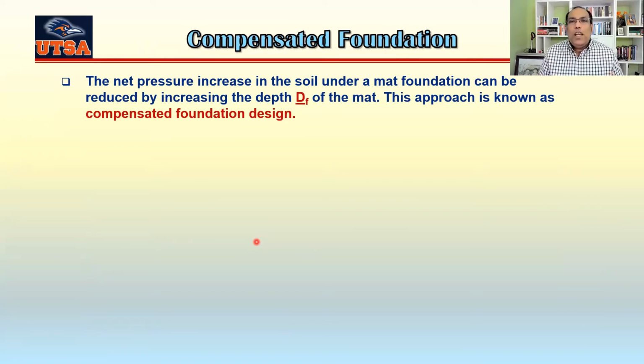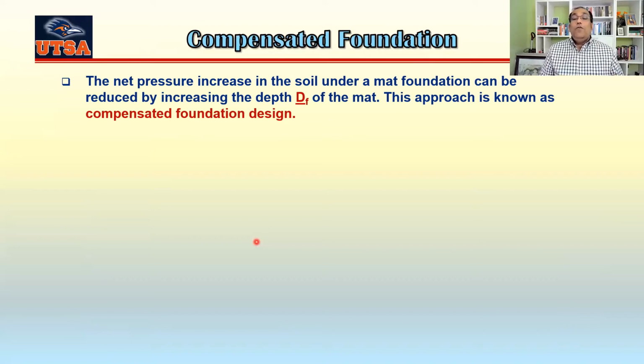Now, if you put a building which will put 1 ksf pressure there, then the soil at this foundation level will not feel any increased pressure, because this soil was also having 1 ksf pressure from the soil above it.